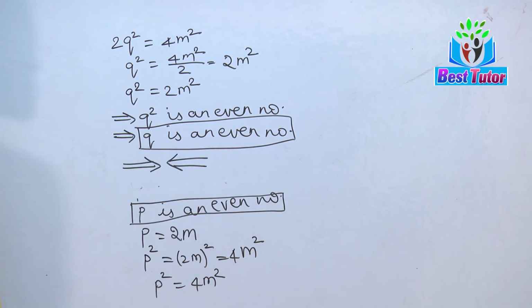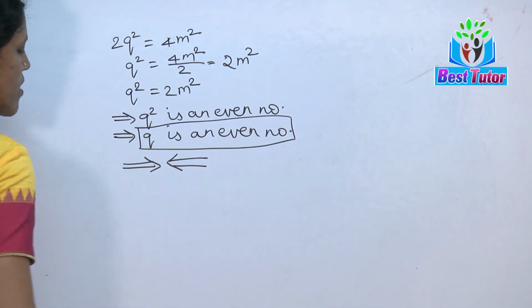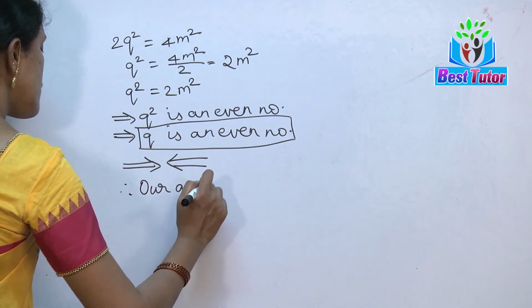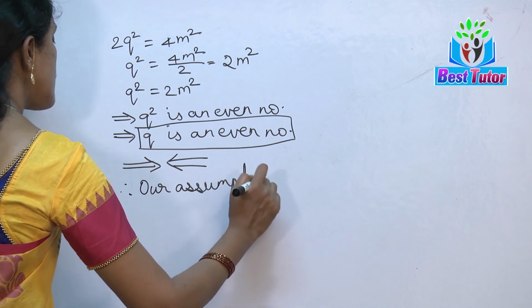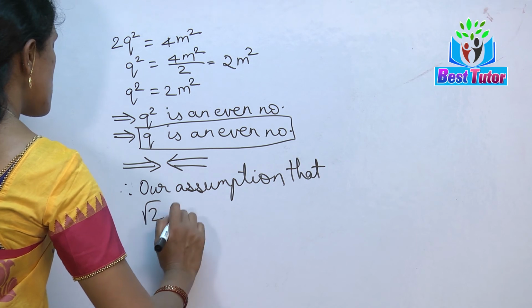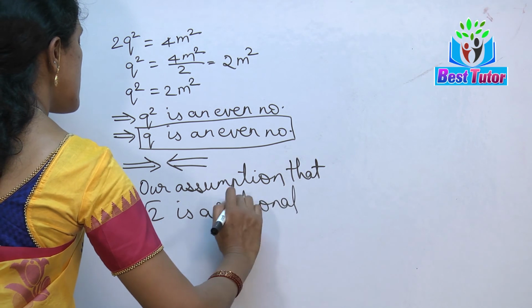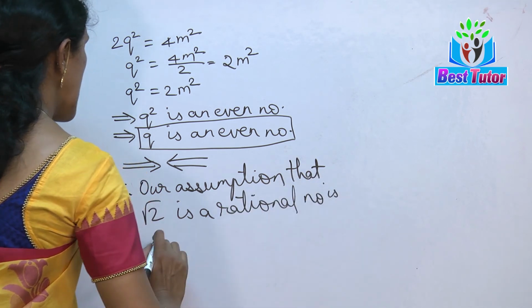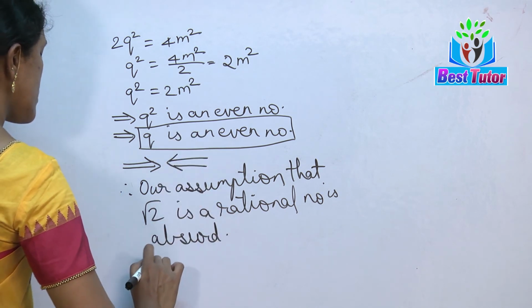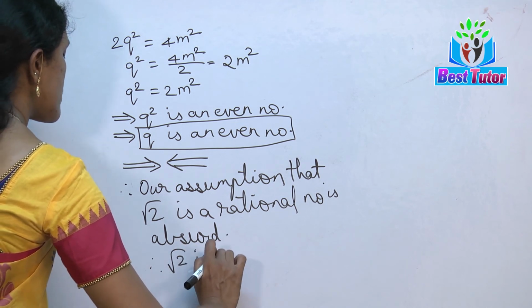Therefore our assumption that root 2 is a rational number is wrong. Our assumption that root 2 is a rational number is absurd, which is a contradiction. Therefore, root 2 cannot be a rational number, so it should be an irrational number.